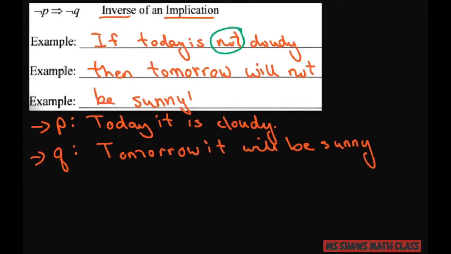Keyword here is not. And this is your symbol. Sometimes you see it as a tilde mark. Not P. If not P, then not Q.